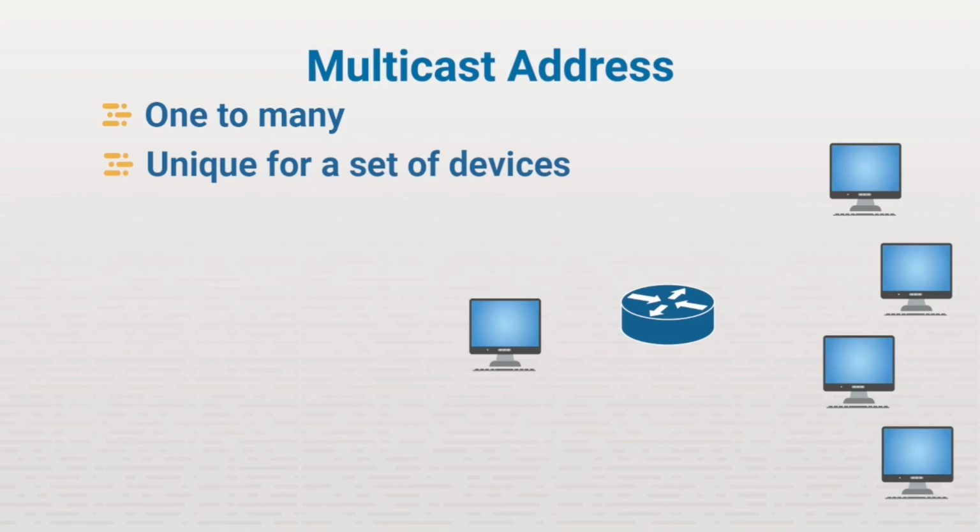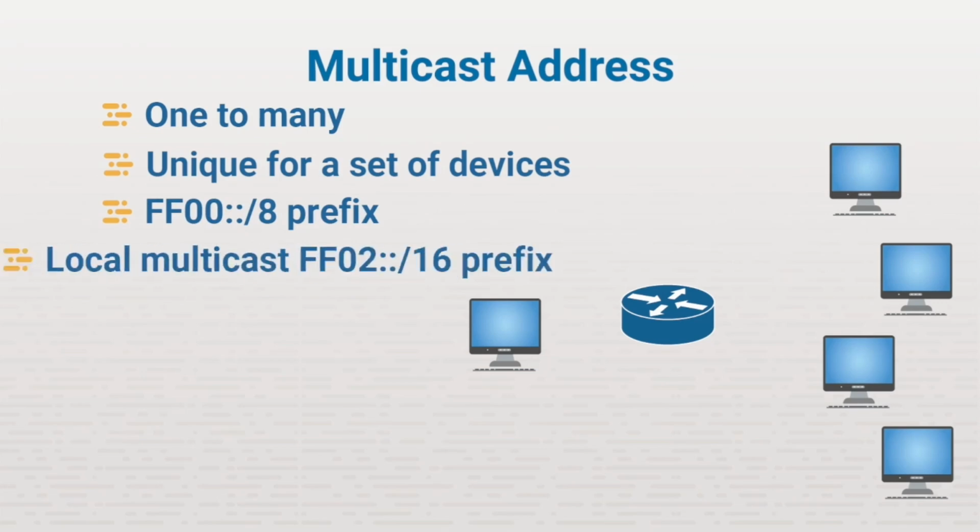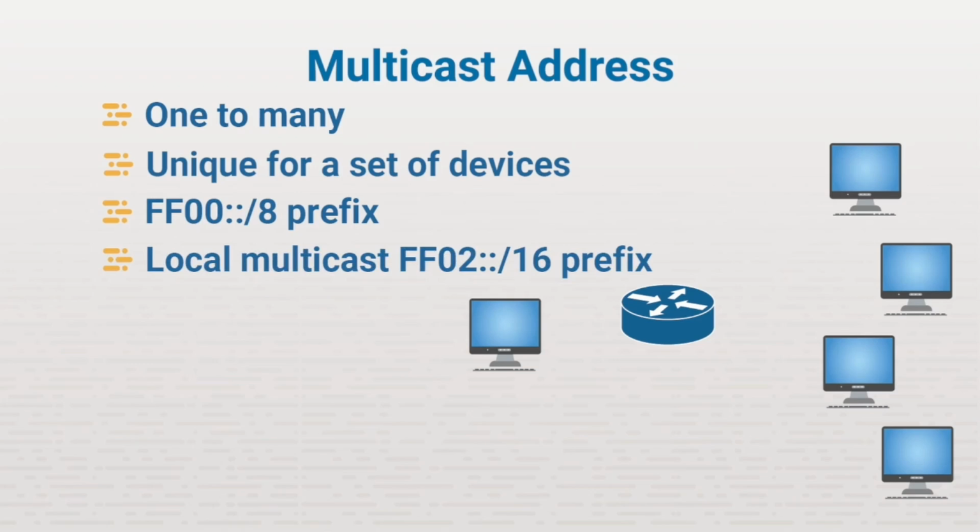Devices that have no need to participate in the function ignore the multicast. Know that all multicast addresses use a FF00/8 prefix, and ones that are restricted to the local network have an FF02/16 prefix. This means that multicast packets starting with an FF02 aren't forwarded by routers.